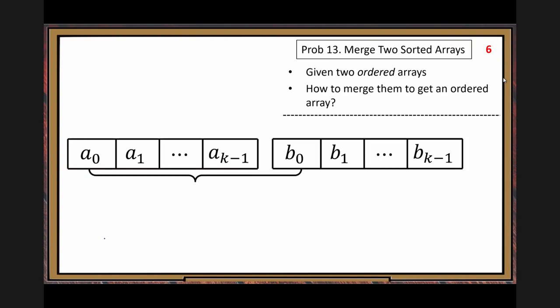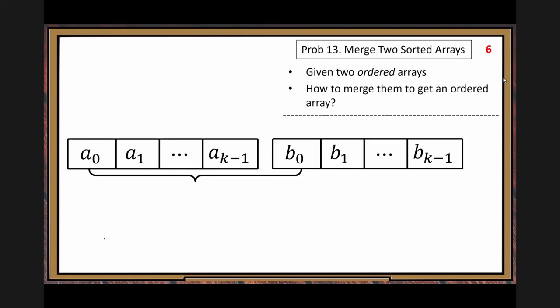When we do our first comparison, you can see we pick the two smallest elements in these two subarrays.